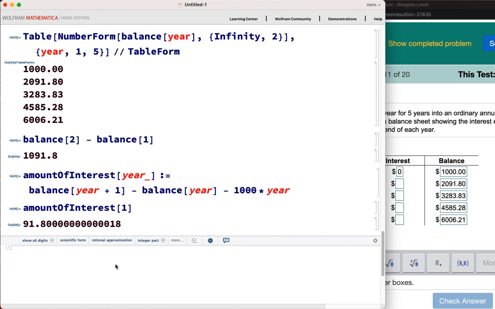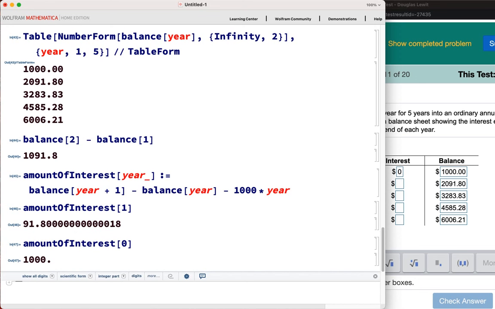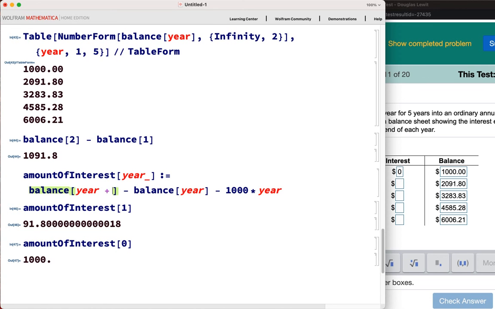So hold on one second. Amount of interest 0. Oh, okay. So actually, let me change my formula. This should actually be year. This should be year minus 1, minus 1,000 times year.